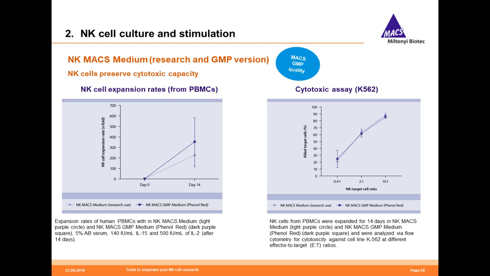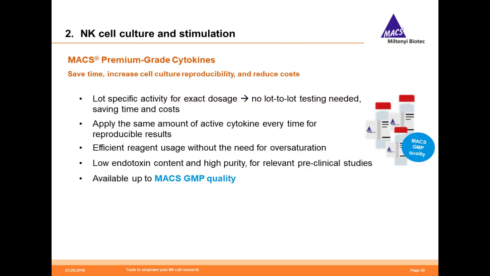So of course the medium is very important for your experiments, but also you will find out that you need to have good cytokines. One of the biggest issues using the cytokines is this variability between different lots. To overcome this, you could in theory perform lot-to-lot testing, but why should you do that and waste your time and money on something that we have done for you?